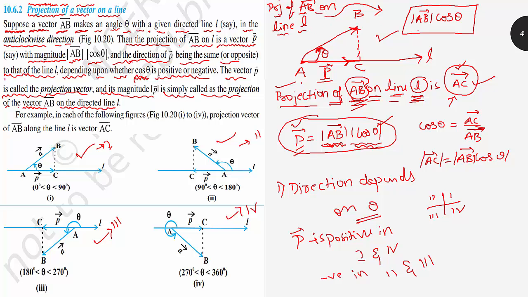This thing I have explained in this particular slide, and the negative and the positive direction of P depends on the angle of cos theta. So next we shall go through the observations. In the next slide we shall go through the observations.